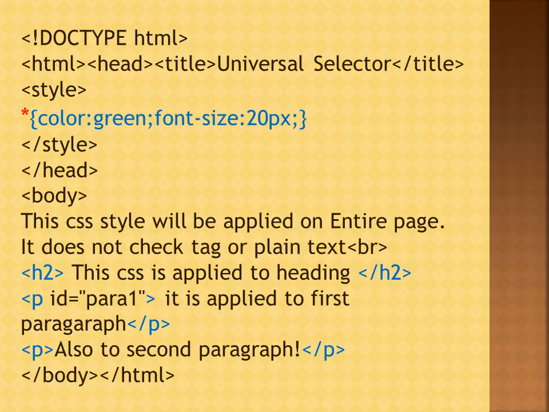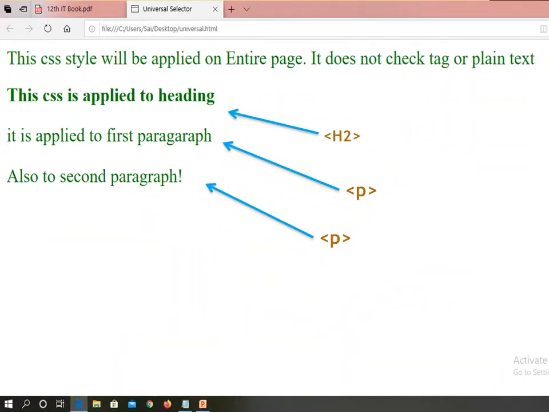This is the output. So just now we learned how to execute, how to run a universal selector program. See in this program, the first line is plain text. When we use the body tag, we directly write this first line which is not enclosed by any tag, that is simple plain text.